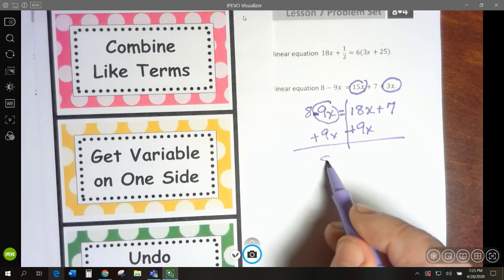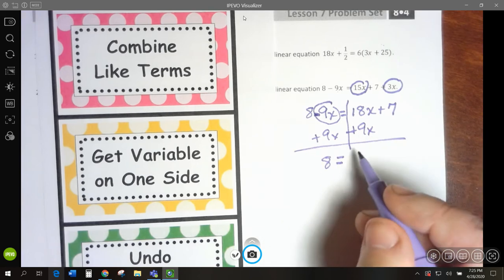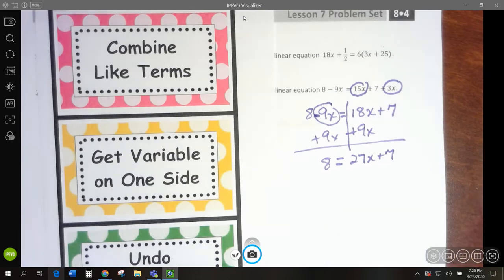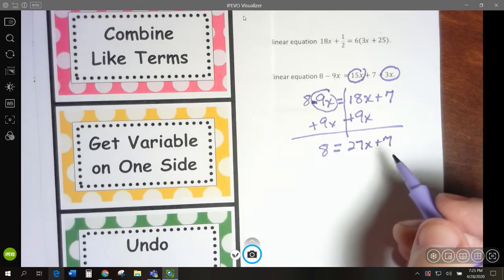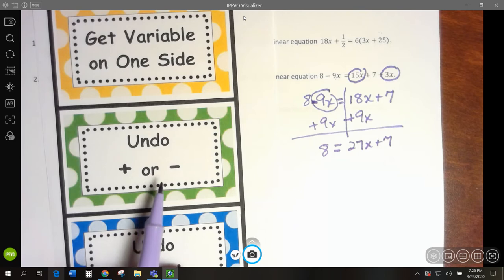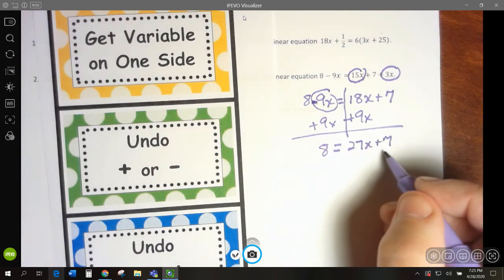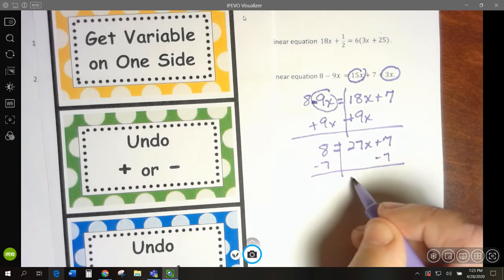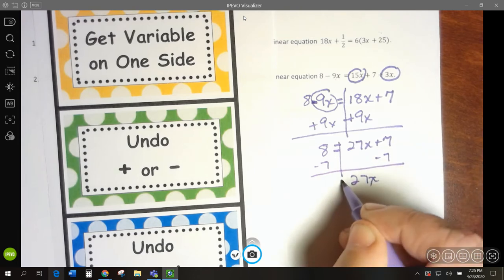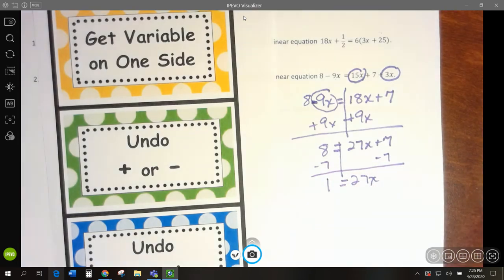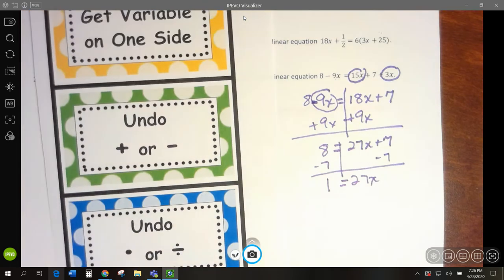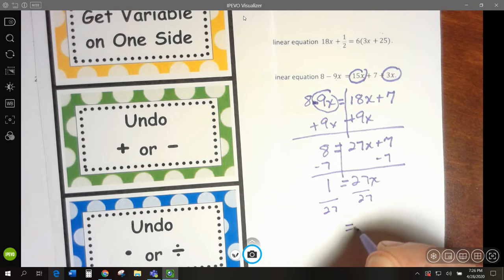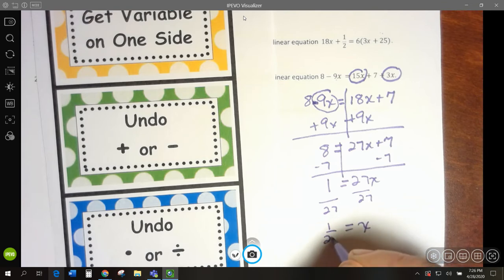And we get 8 equals 27x plus 7. And then we undo our addition or subtraction. They're adding 7, so we're going to subtract 7. 27x equals 1. And then we undo our multiplication or division, so we divide by 27. And x equals 1 over 27.